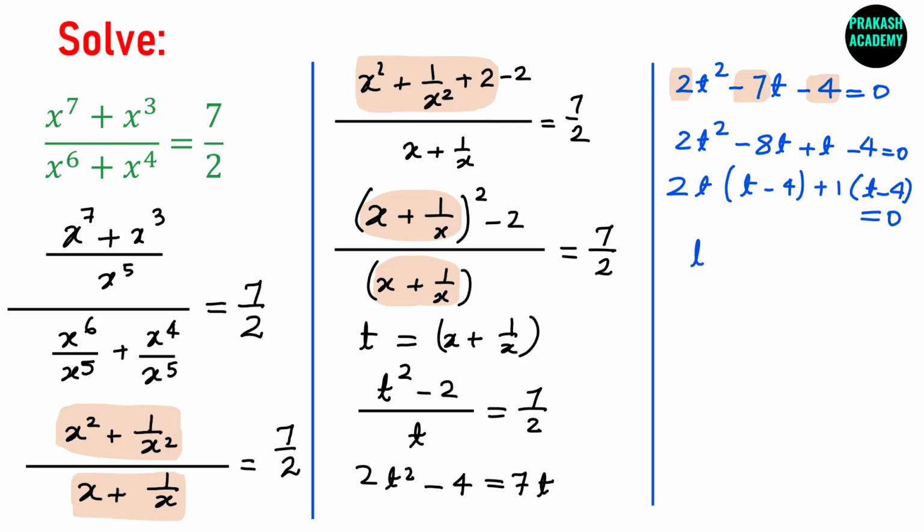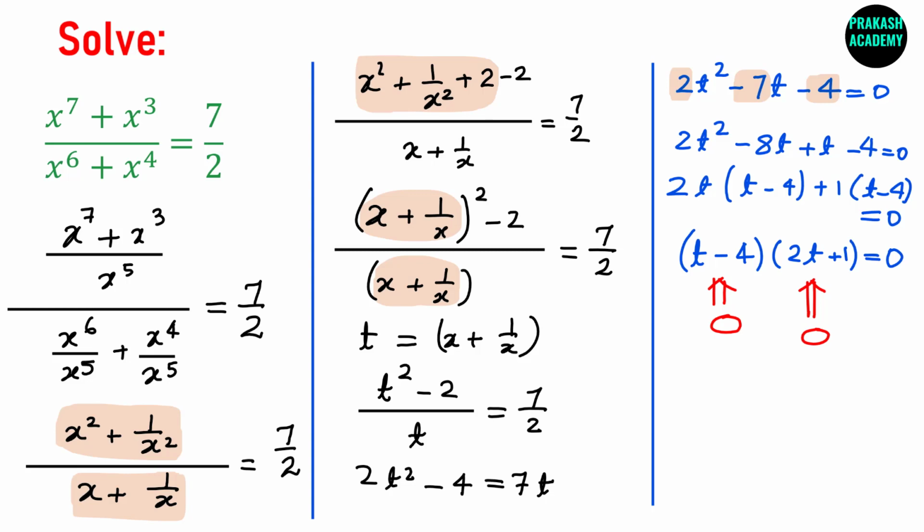This means now I can say (t minus 4) times (2t plus 1) is equal to 0. So there are two solutions. The first solution is t minus 4 equal to 0. Another solution will come from 2t plus 1 equal to 0.